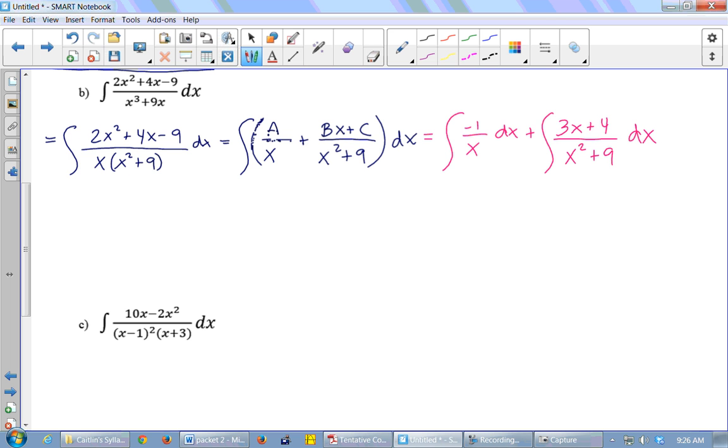Okay, so this first integral, I can pull the negative out. I can't really pull anything out of the next one because there's no common factor to 3x and 4 that I could pull out. So I'm just going to leave it.